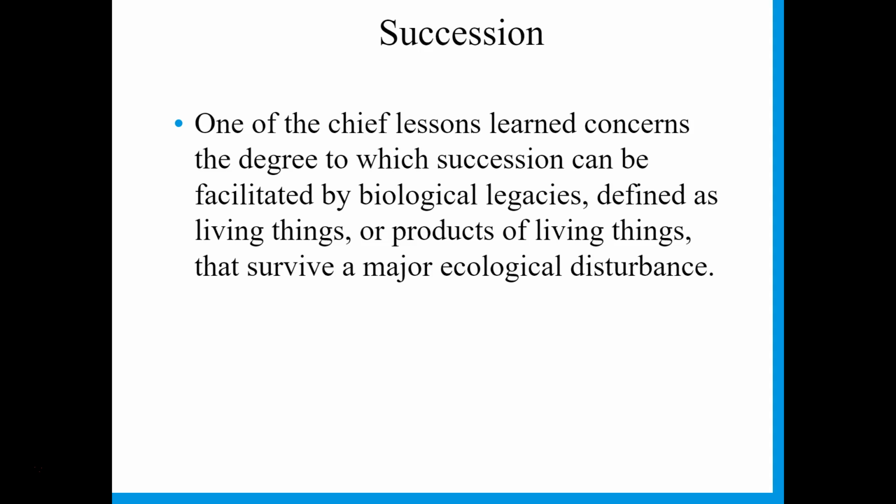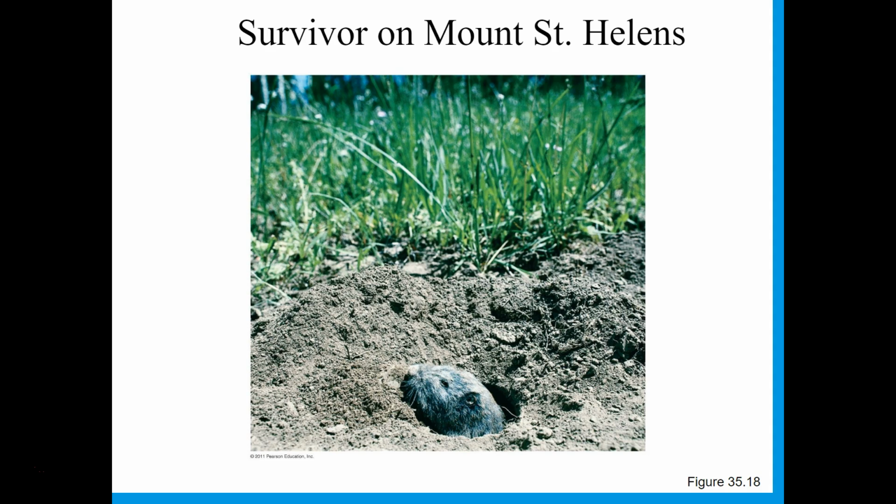One of the chief lessons learned is the degree to which succession can be facilitated by these legacy species. These are things that are left over after an ecological disturbance, whether it's a case of primary or secondary succession. So we had these survivors at Mount St. Helens.